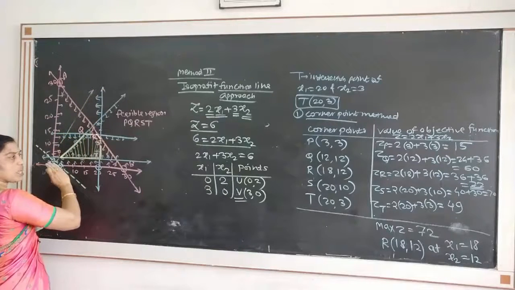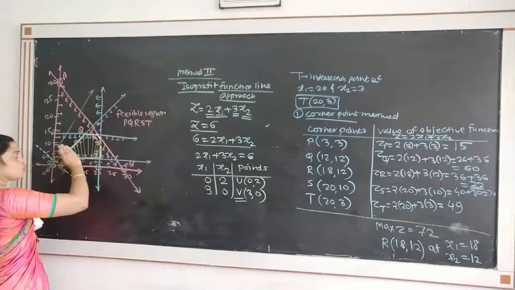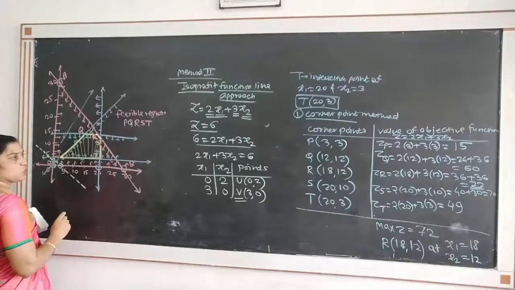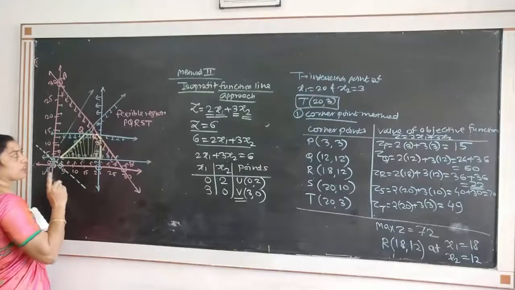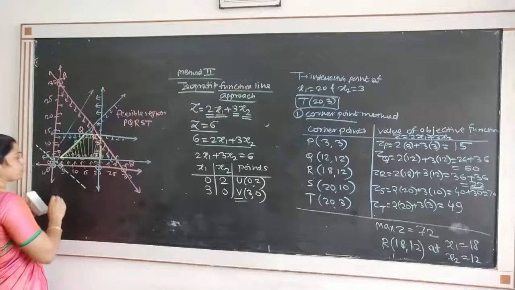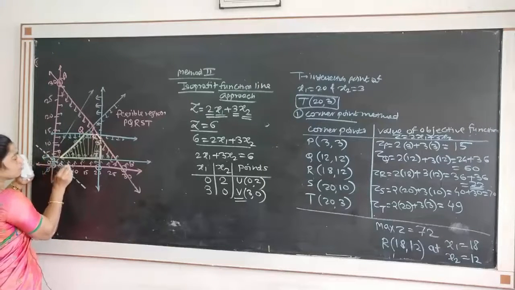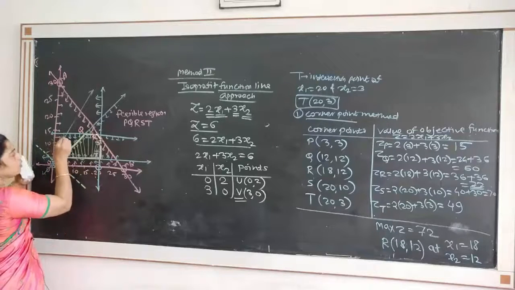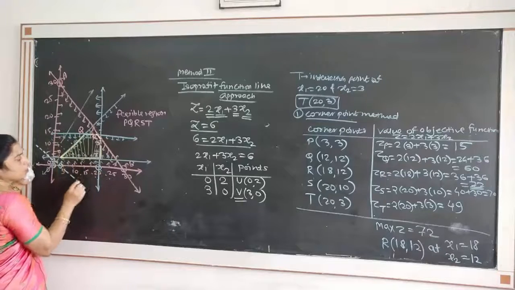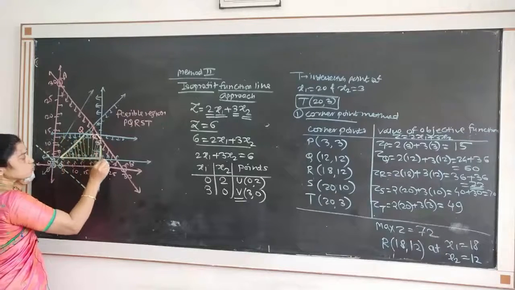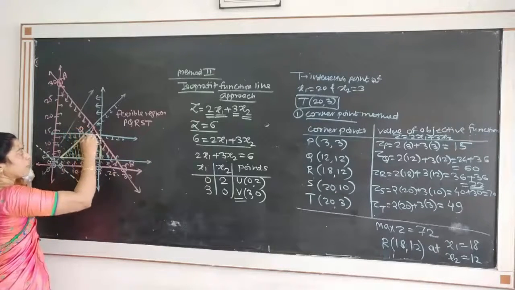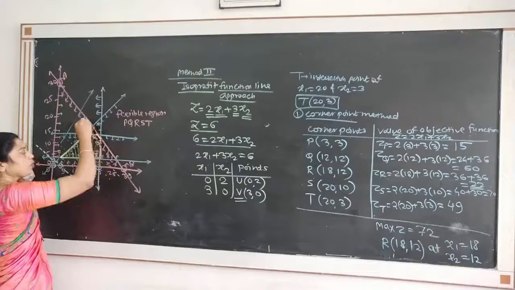So we move this line parallel so that it passes through the extreme corner point of the feasible region. If you go on moving this line parallel, you will get parallel lines. I will show them by dotted lines. I am only drawing the lines parallel to this line and stop at the point where it passes through the extreme corner point.